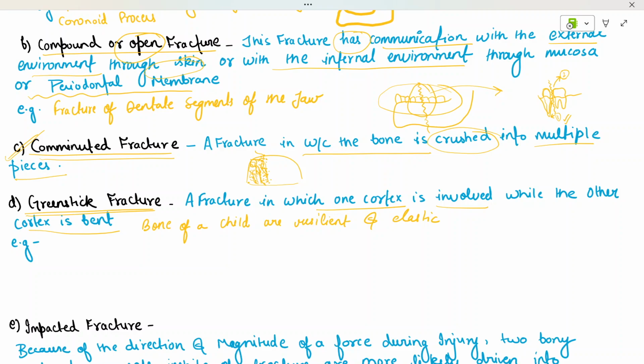Because of this resiliency, this elasticity gives the bone a particular degree of resiliency, because of which the bone doesn't fracture but it bends. Now why does this happen?